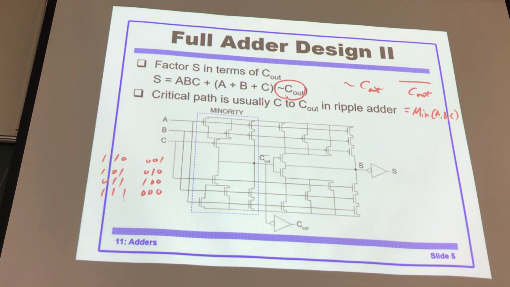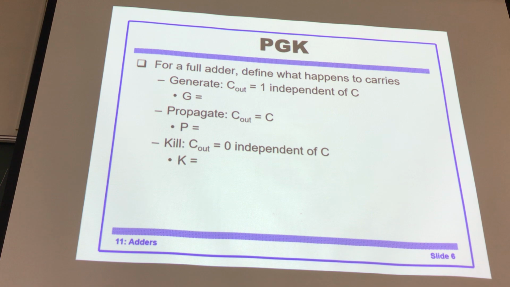Given A, B, C, you get carry bar and sum bar, and use the carry bar as the input for the next bit position, not the carry. We are trying to remove the inverter delay in each bit position. Then you will get this.